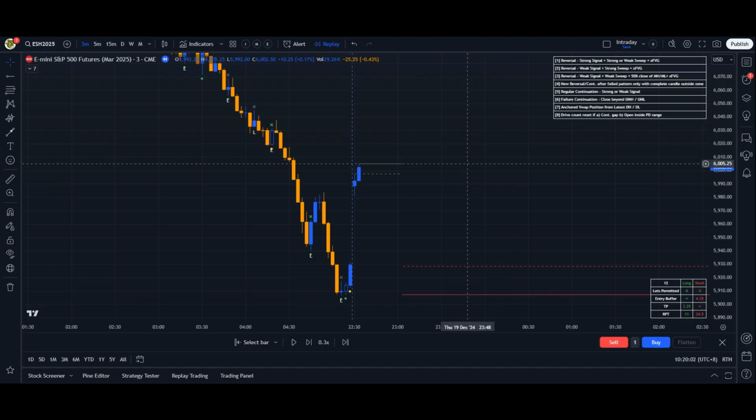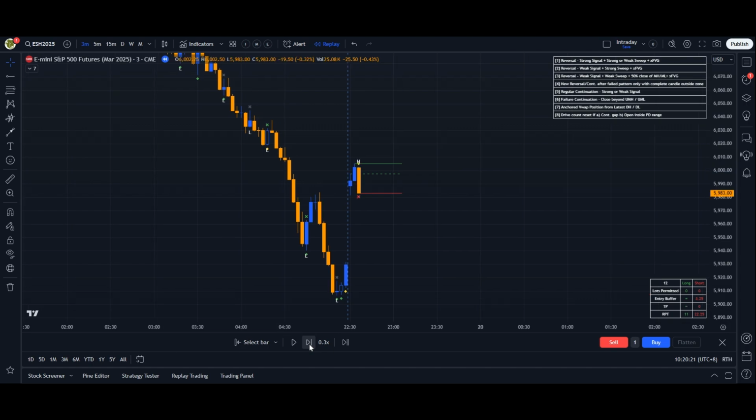The solid green line is the unmitigated high. It's the highest high beyond which there is no close of a bullish bar. And the dotted line is the mitigated high. It's the highest high beyond which there is a close of a bullish bar, and similar logic for the red lines as well. At this point, the first signal was printed.